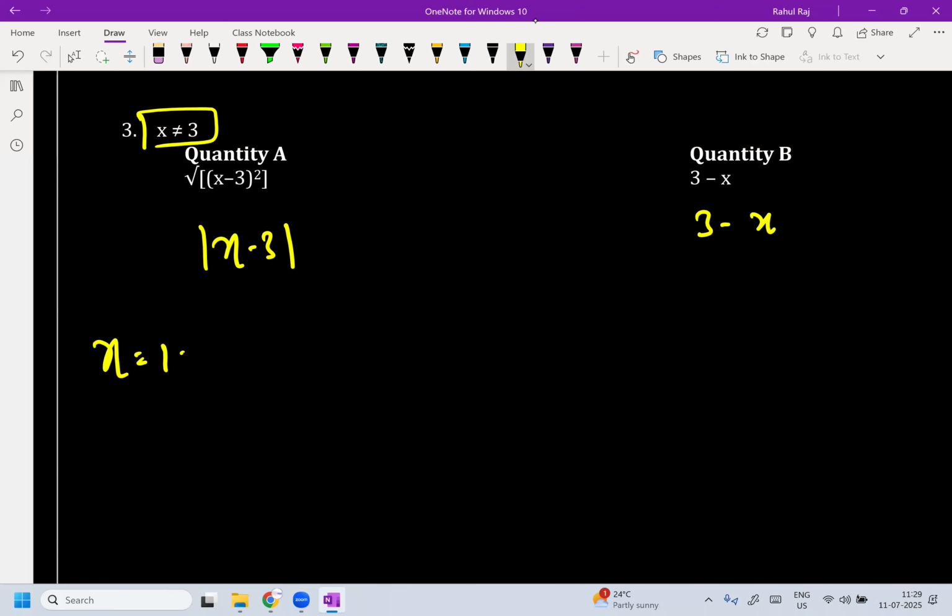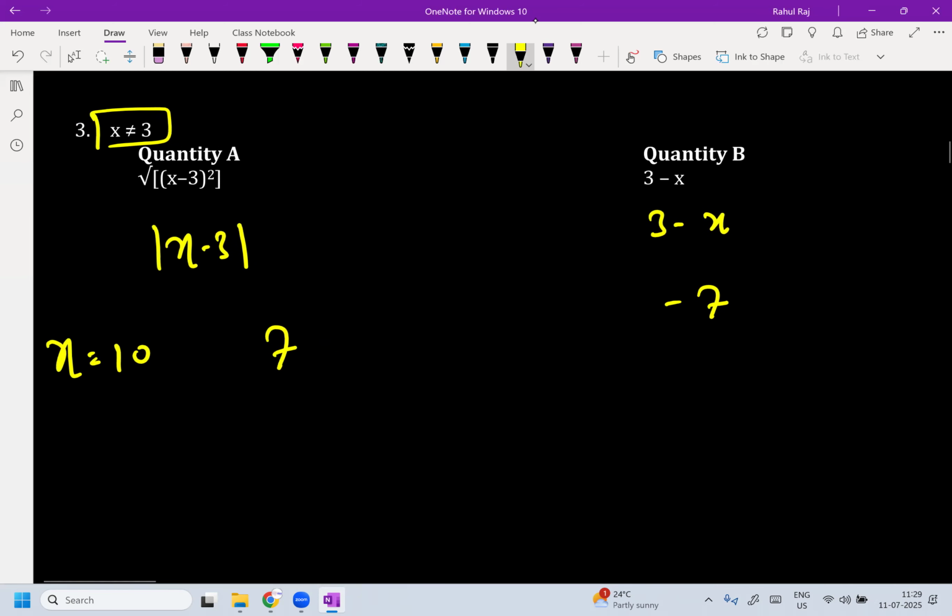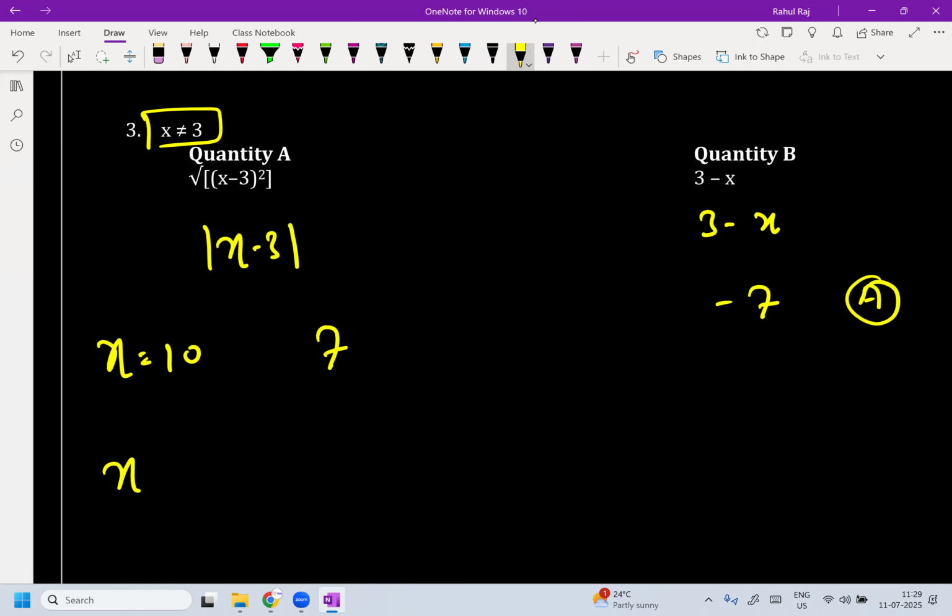Imagine I take x is equal to 10. What is quantity A? 7. And what is quantity B? Minus 7. So in this case, A should be the answer. If I take x is equal to minus 10, what is quantity A? 13. And quantity B would be minus 13, no, plus 13.